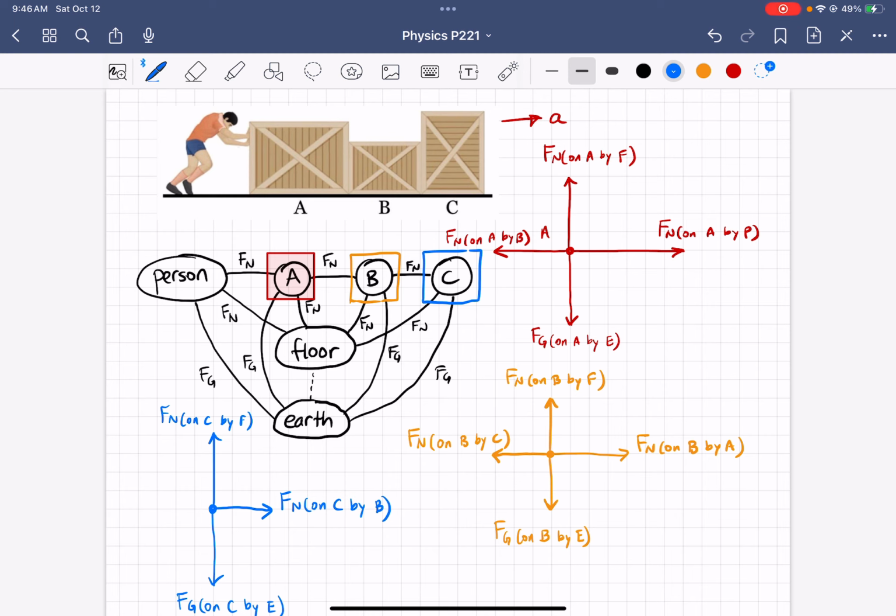So we should be able to come up with free body diagrams that have this many forces in the appropriate directions for each of the boxes. And we do want to recognize when we have pairs of forces across these diagrams that are related by Newton's third law and which must be drawn equal in length.